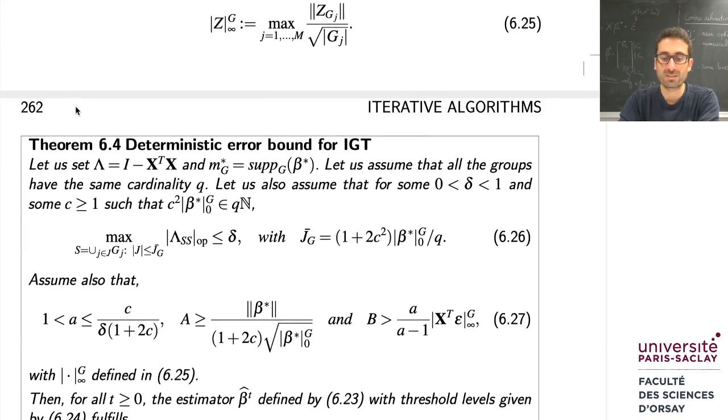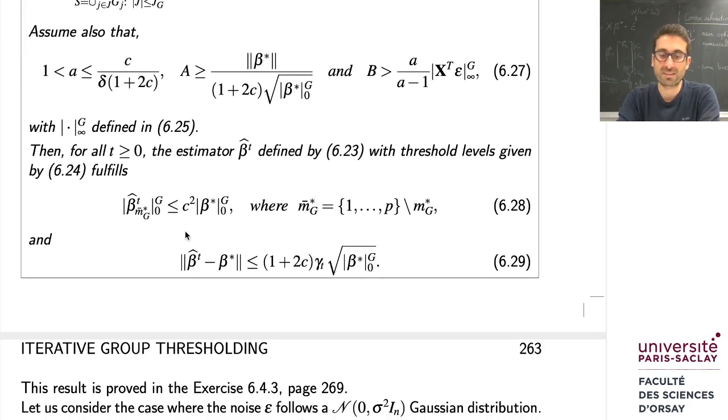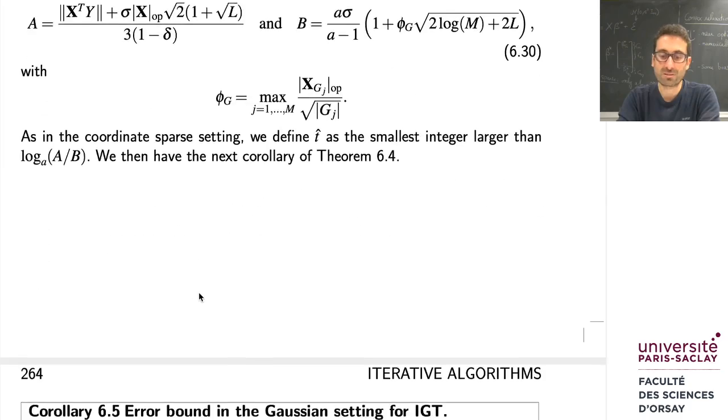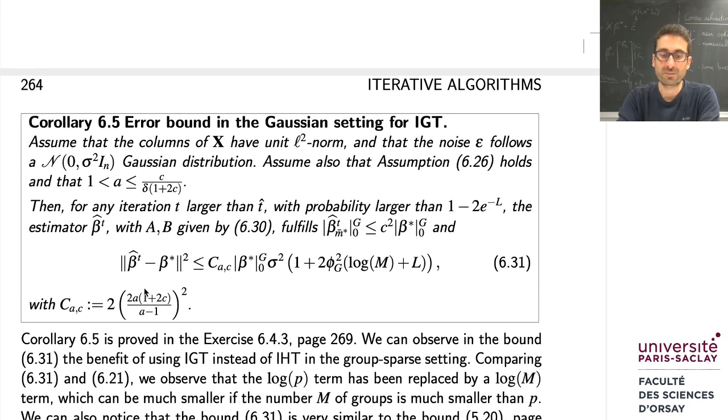Together with this condition, which is a restricted isometry property for the group setting, we get nice results similar to the group lasso for this algorithm for t equal to t hat, or t larger than t hat.